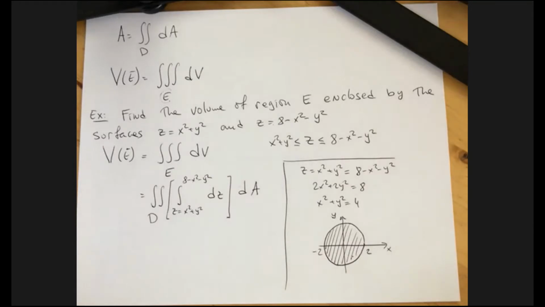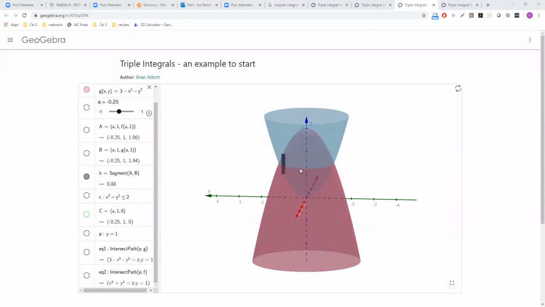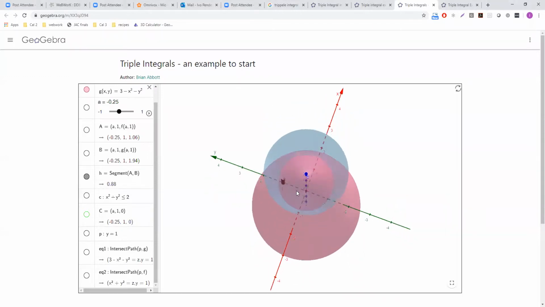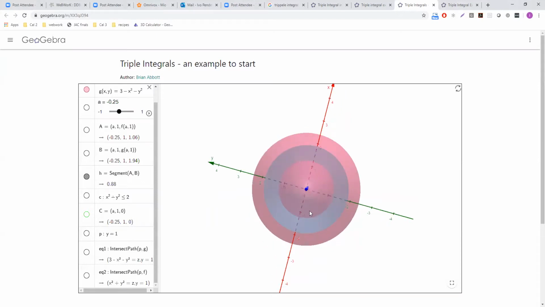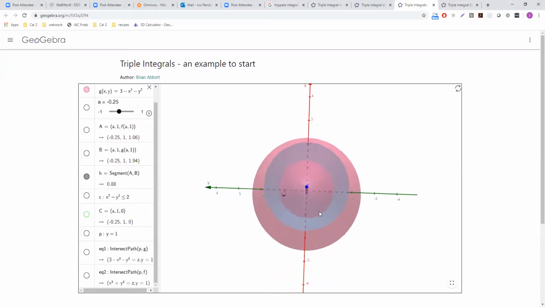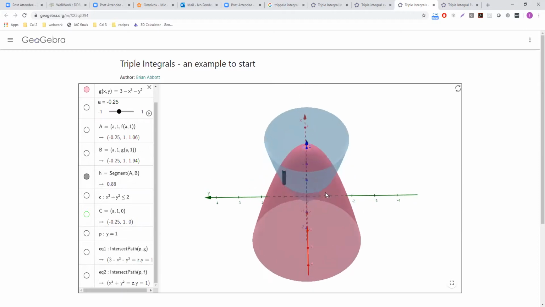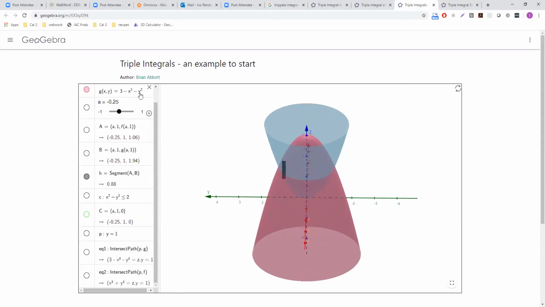So I found the intersection here, you can see the intersection right here, this circle, right? And then projected over the xy plane is going to be the circle crossing through 2. Now, why it doesn't cross through 2 here is because this function here, I can just sketch 3 minus x squared minus y squared for the reasons that I already said, that I don't know how to zoom out this picture here that I found online.